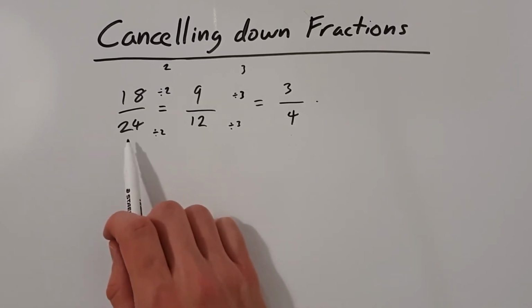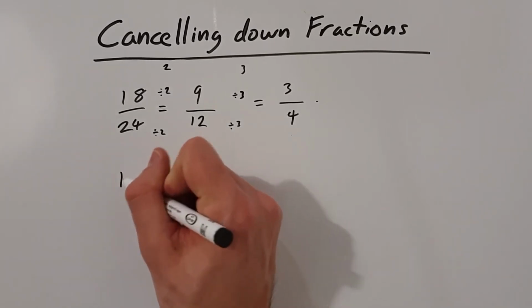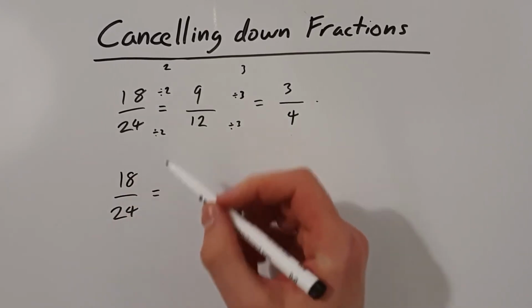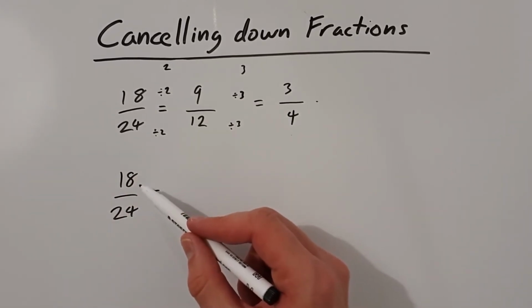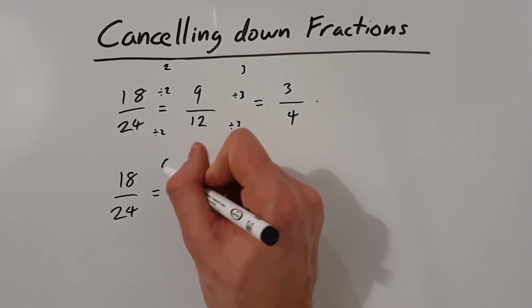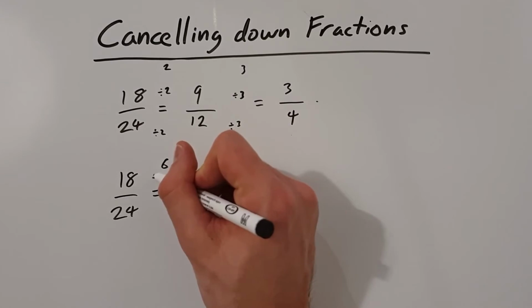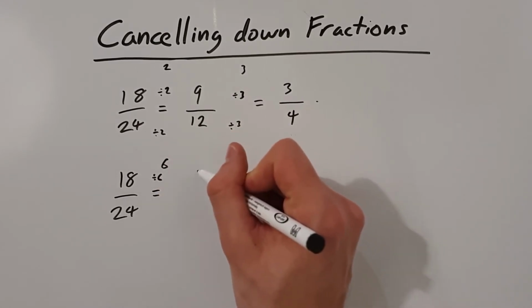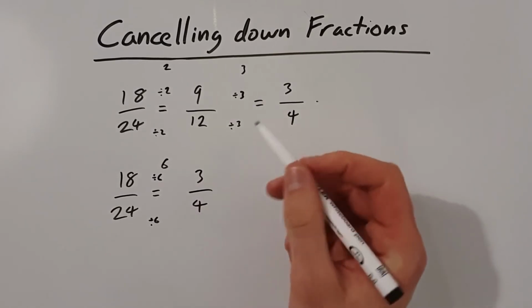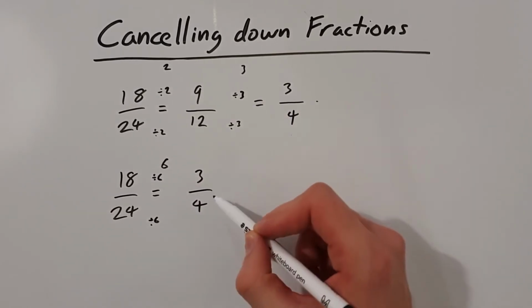So you could have had 18/24, and you could have thought, what is the highest number that can divide into 18 and 24? And in this case, the answer is 6. So we can divide 18 by 6, and that gives us 3, and 24 by 6 equals 4. And that gives us the exact same answer, 3/4.